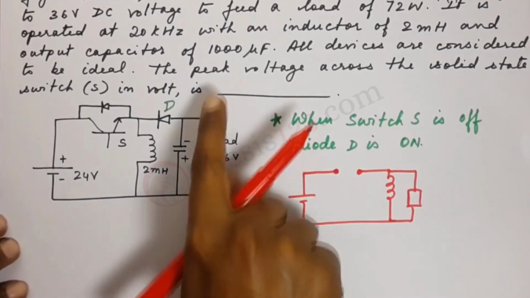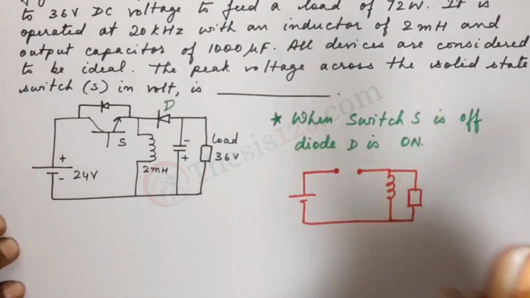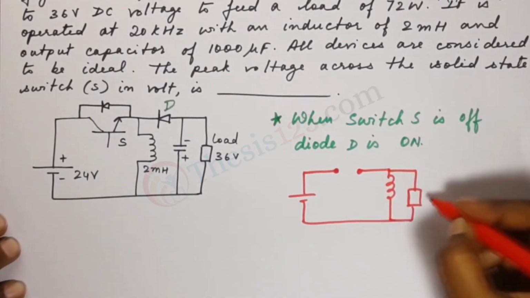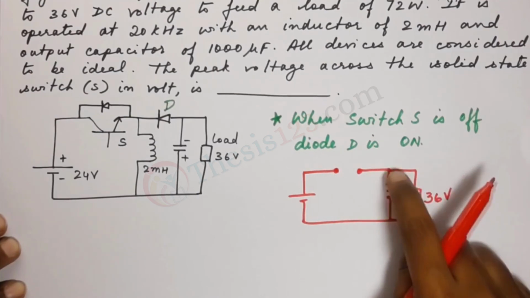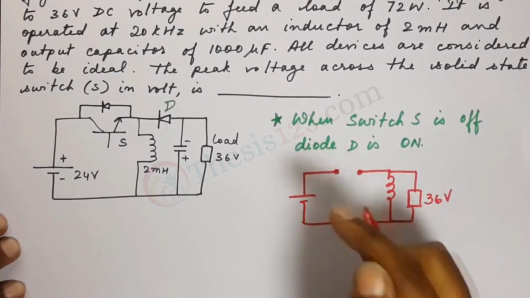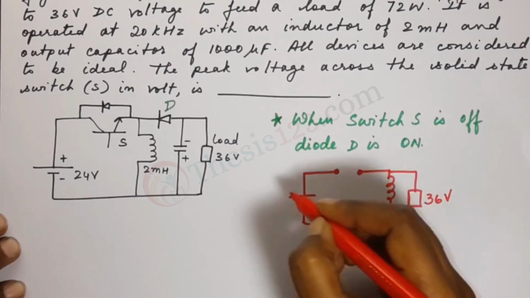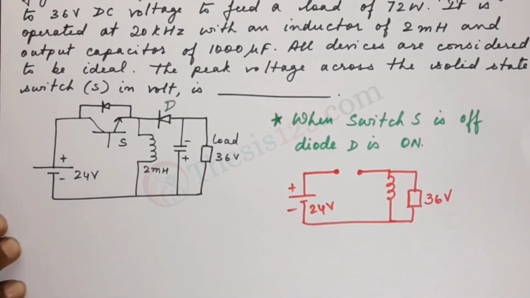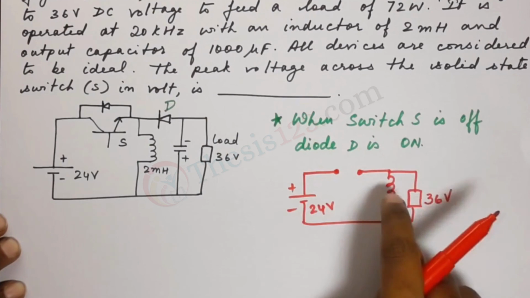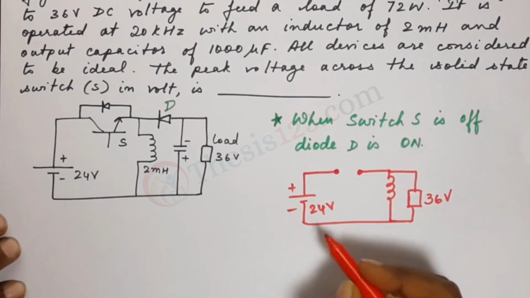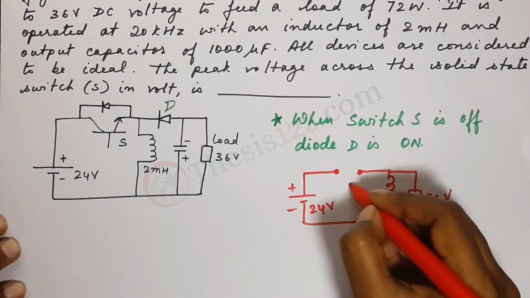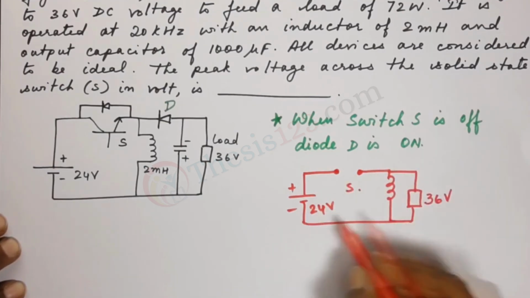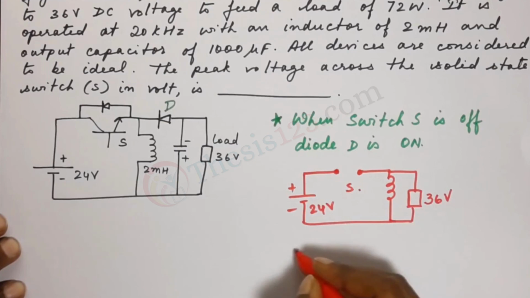Since the question talks about voltage, keep your eyes on the voltage as well. Here across the load we have 36 volts, which means 36 volts is the same amount that is passing through this point here. And we have 24 volts for the source. So the peak voltage across the solid state switch S would be just the sum of both the voltages.